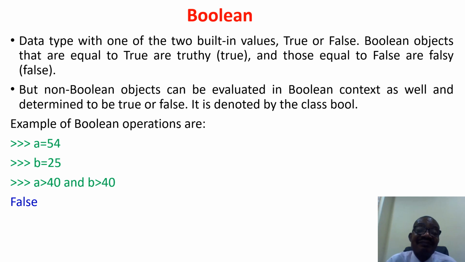Now let's look at Boolean. Boolean is a data type with one of two built-in values, either true or false. Boolean objects that are equal to true are truthy, and those equal to false are falsy.